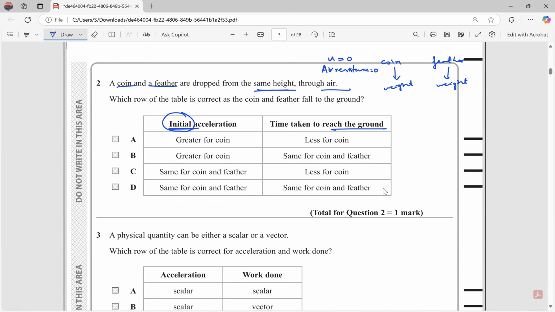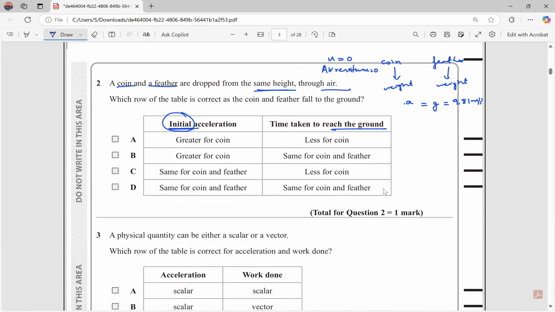And we can deduce that they are freely falling, right? If something is freely falling and there is no air resistance, then the acceleration acting on them is g, the 9.81 meters per second squared.